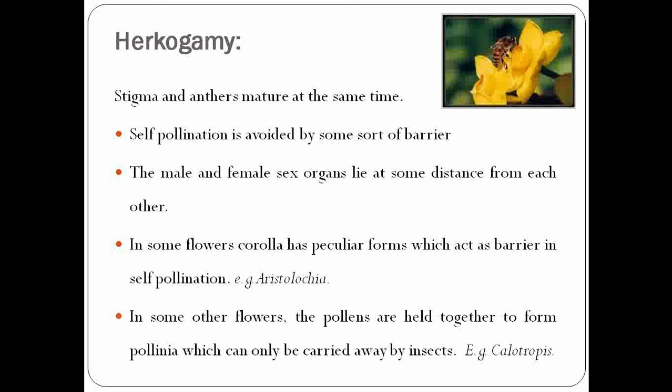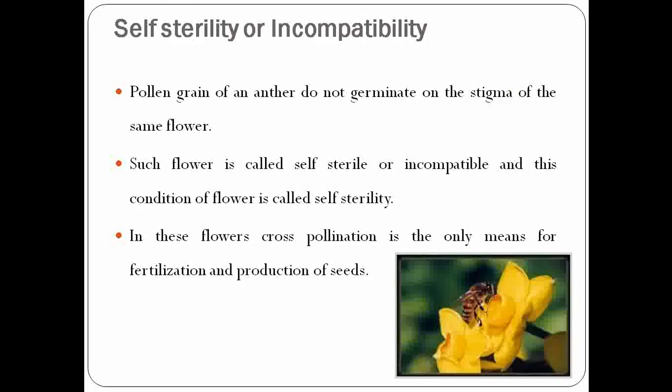In that, the pollens come together to form the pollinia, and that pollinia gets carried with the help of insects. So in this flower also there is a chance of cross pollination. So there are some examples where, even though the flowers are able to carry out self pollination, due to some barriers cross pollination can take place.